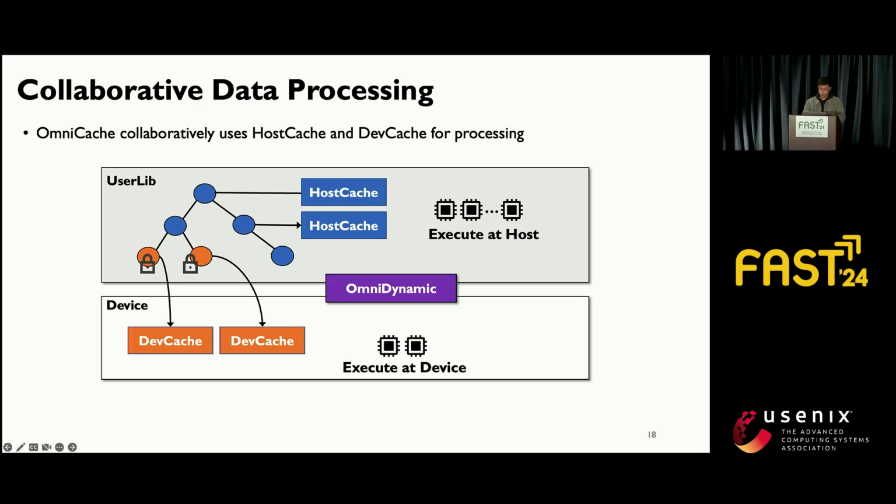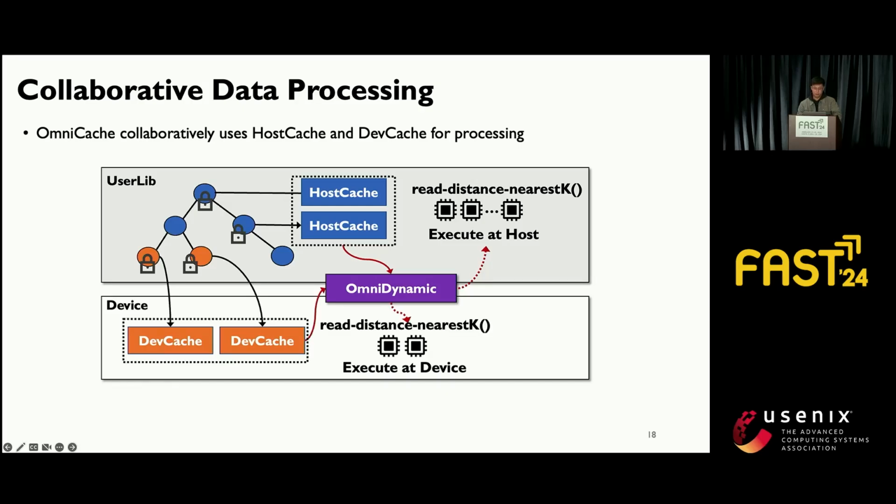Next, OmniCache also provides the compatibility to collaboratively use host cache and device cache for processing. So take KNN as an example. Read distance nearest k is an operation in the KNN application. It will read a bunch of data blocks, calculate the distance, and pick the nearest k. So in this example, OmniIndex locates the data position, and OmniDynamic decides to execute these operations on the host side.